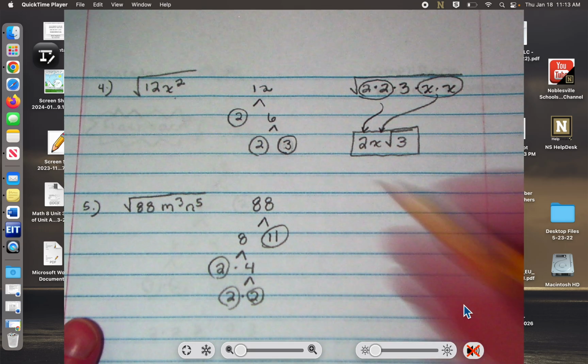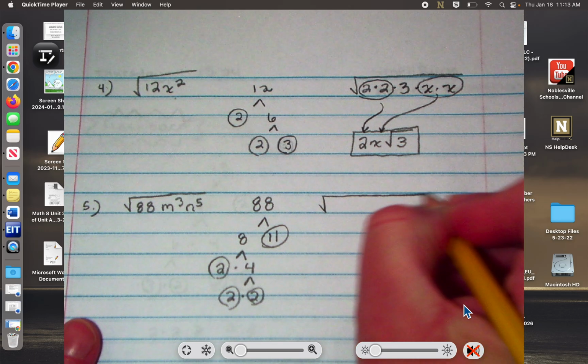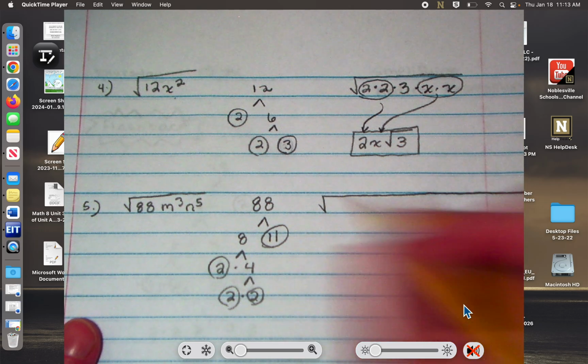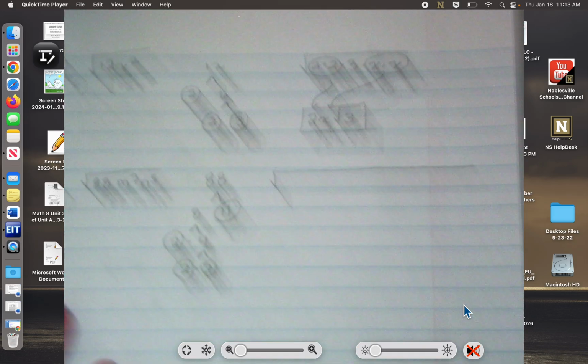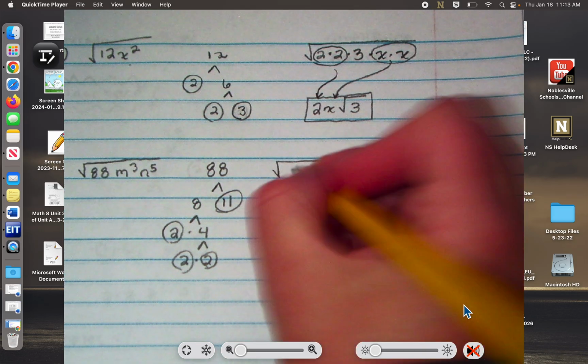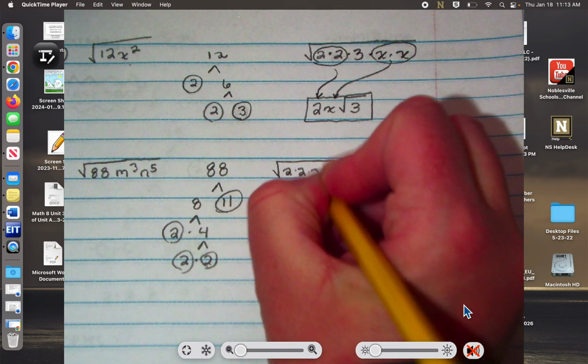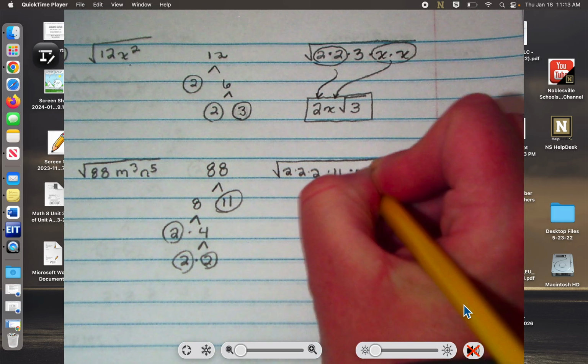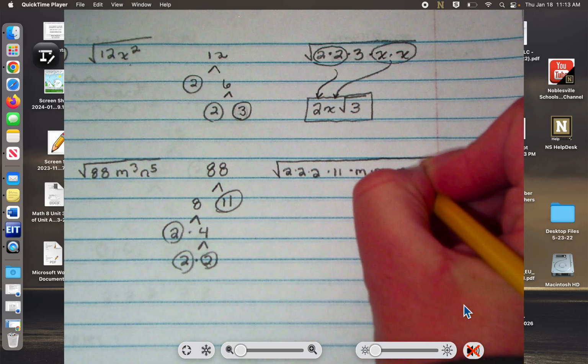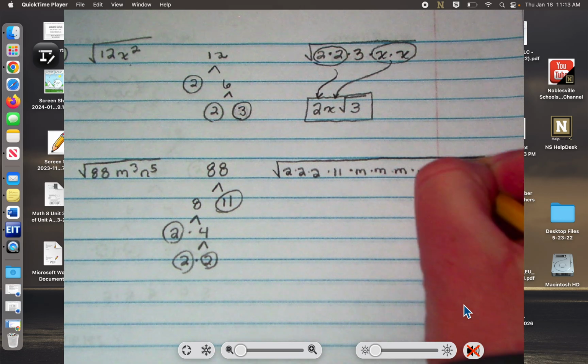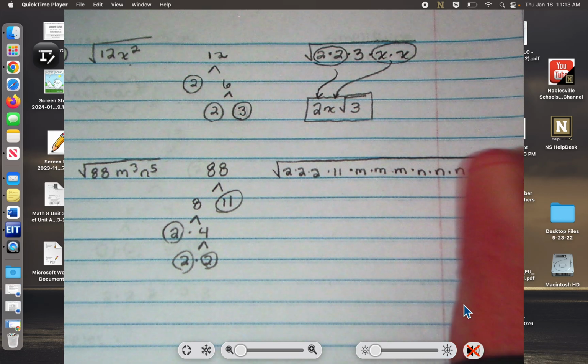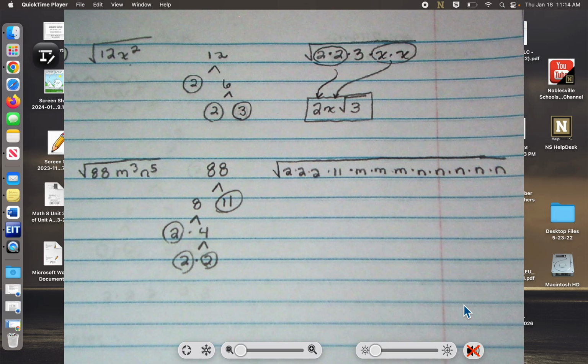So now when I rewrite this, I'm going to need a long space to get all those m's and n's in there. Woo, barely fits.